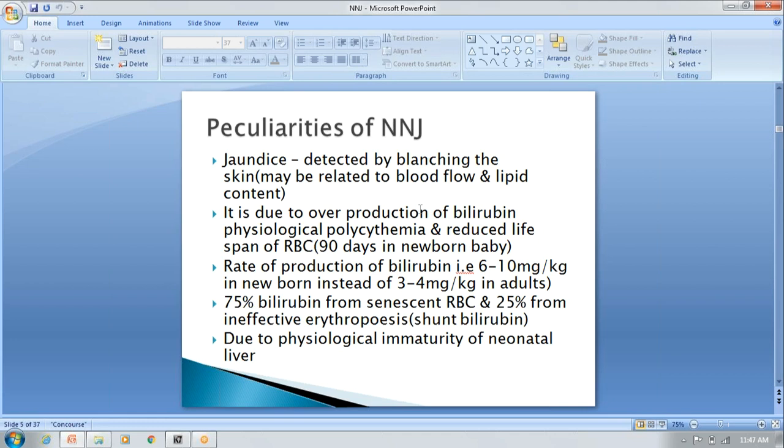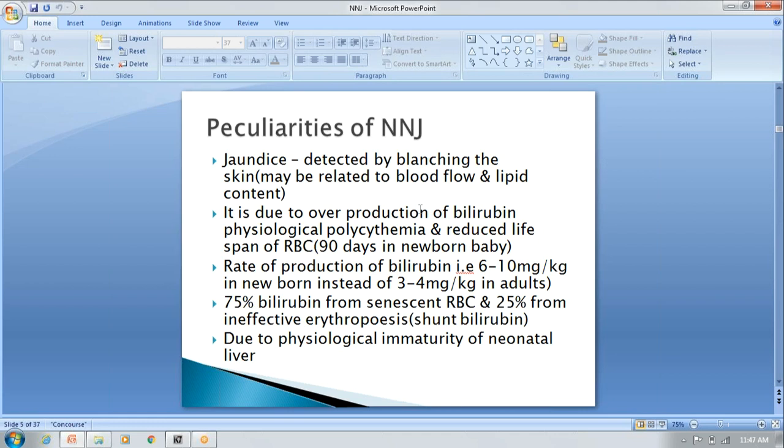The second peculiarity is that there is a physiological polycythemia in the newborn, and that will contribute to the release of bilirubin from the RBC. Another one is that the RBC lifespan is very short in the newborn, 90 days instead of 120 days in adults.